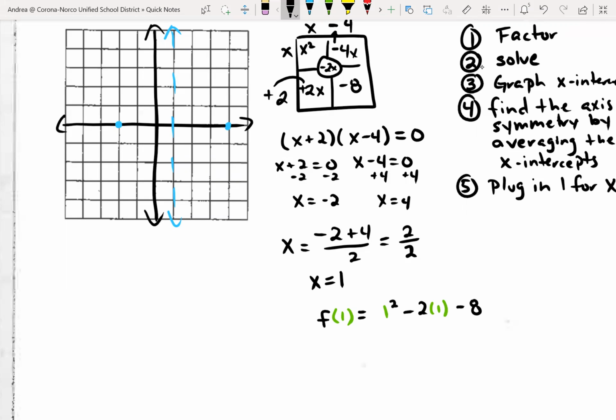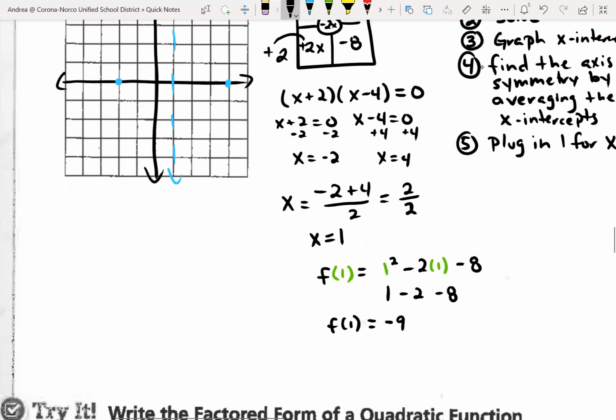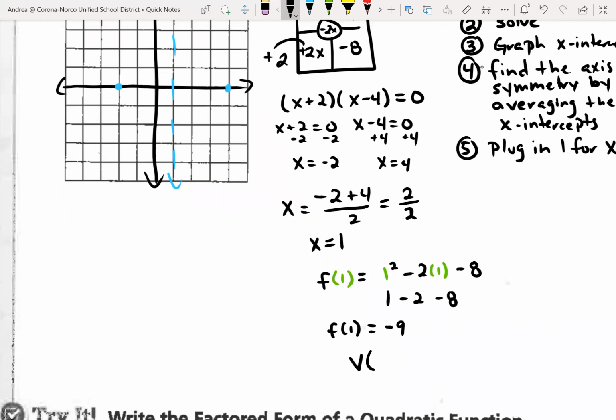So 1 squared is 1. Negative 2 times 1 is negative 2, minus 8. f of 1 is negative 9. Vertex is 1 and negative 9.